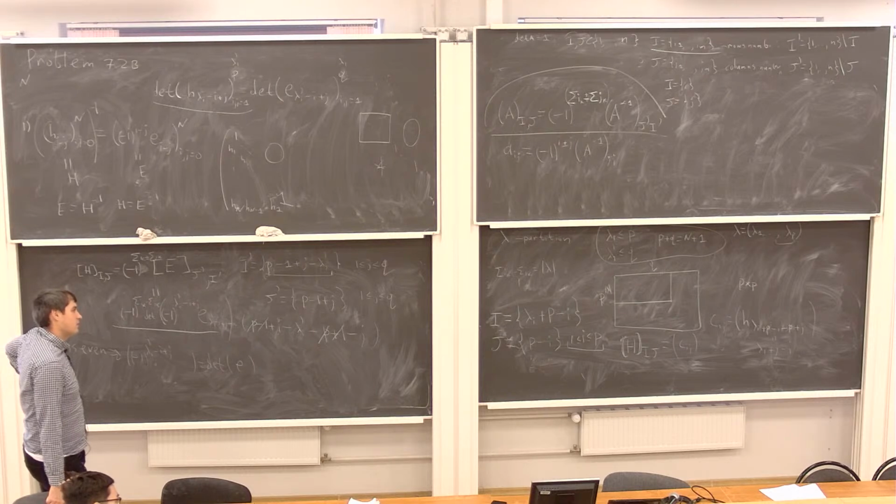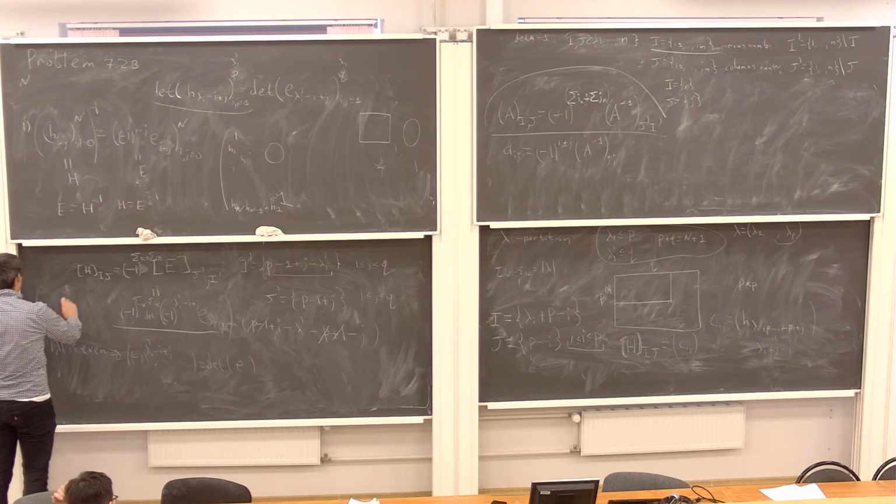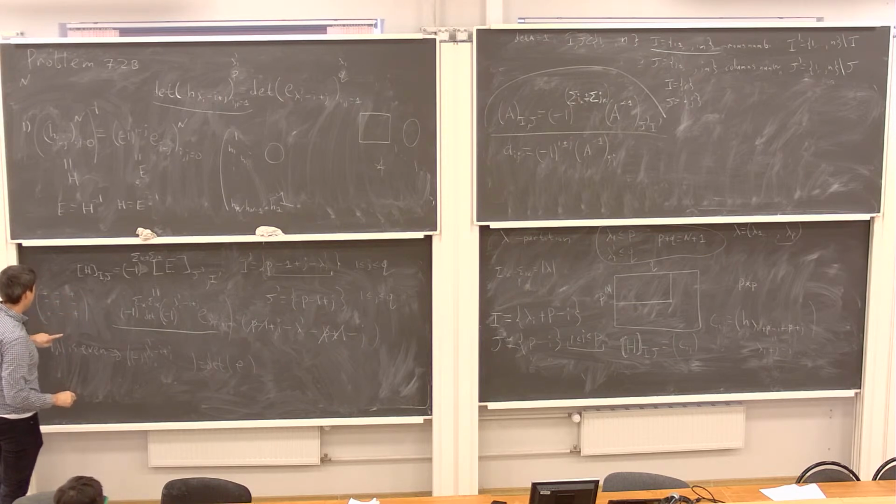So we have a determinant, right? The question is, if you have some determinant like this, are they the same? So our matrix looks like this, right?